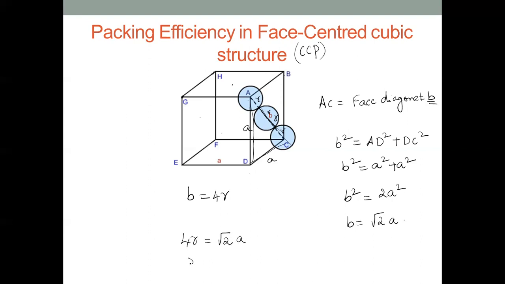Right? Now, R is equal to root 2 A by 4. Right? This is R. Or I can write A is equal to 4R by root 2, which is nothing but, if I divide and multiply with root 2 into root 2, 4 into root 2 by 2R, right?